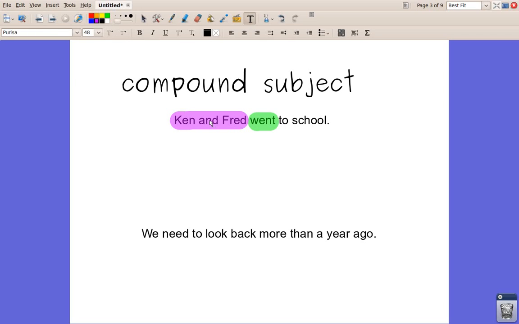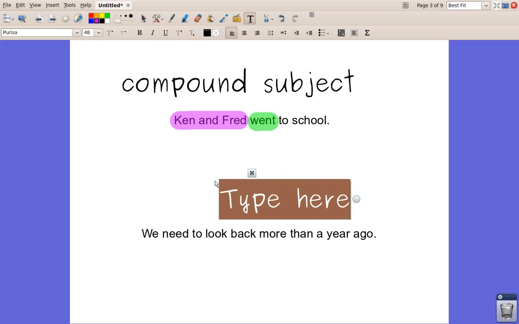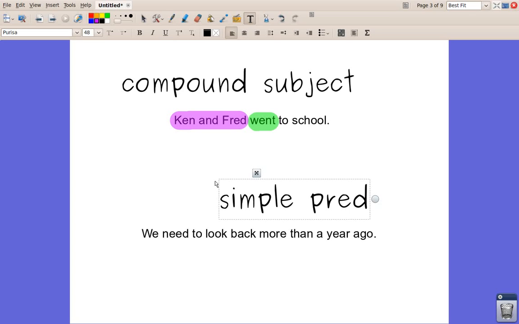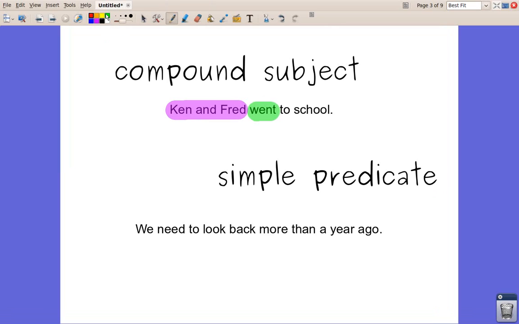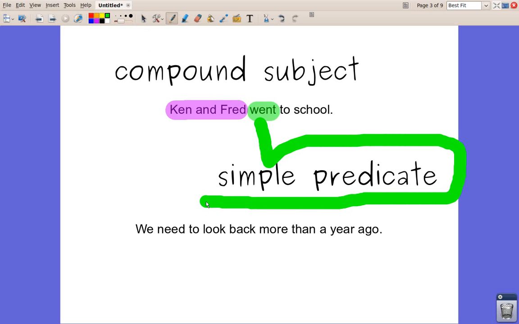And this is where we can talk here. Just the verb by itself, without any embellishment, is called a simple predicate. Simple predicate. It's just one little connection, and it gives you the very basic information of a sentence.